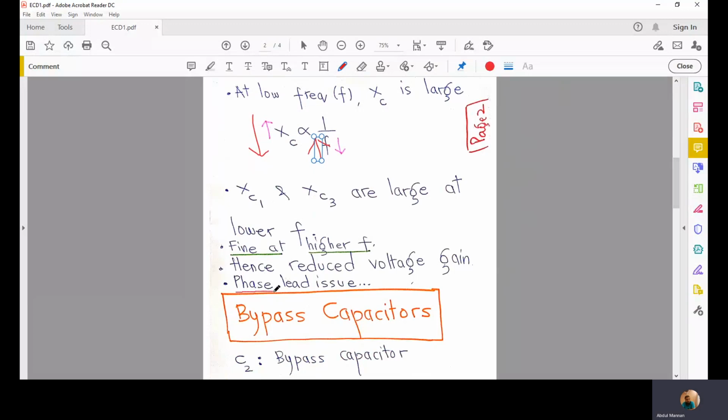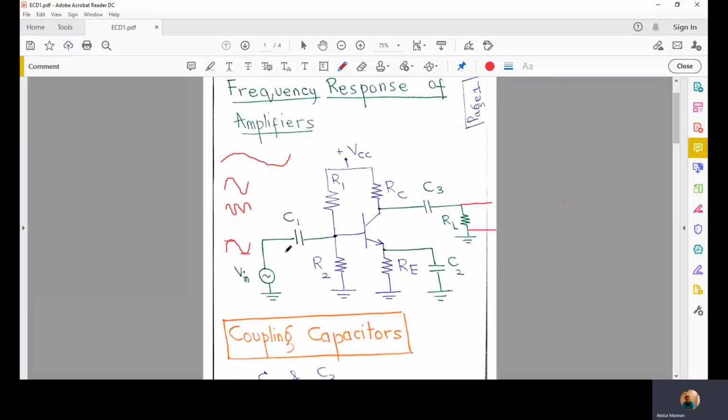Another problem introduced by C1 and C3 is the phase lead issue. Why? Because these are capacitors, and this capacitor comes in series with the input resistance Rin, that is composed of R1 in parallel with R2. So this becomes a series RC circuit, and we know that for a series RC circuit, the current is leading the applied voltage, and the voltage drop across the resistor is also leading the input voltage.